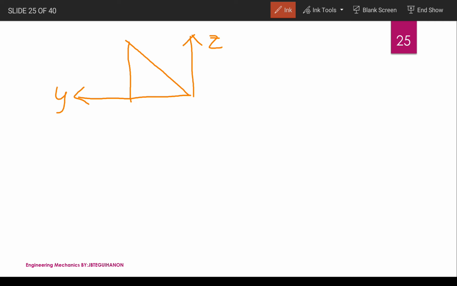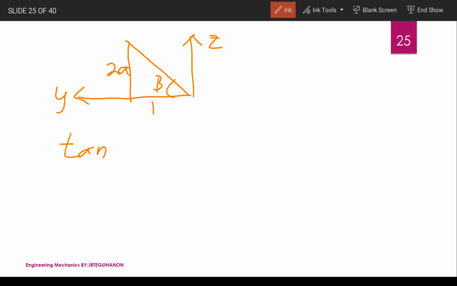I have here a beta angle. This is actually L2. This is 2A. Okay, and what you got is cosine, di ba? Oh, sorry, tangent.